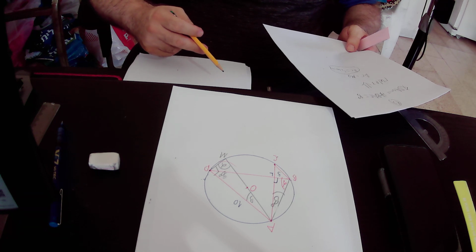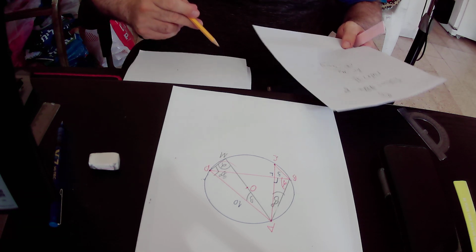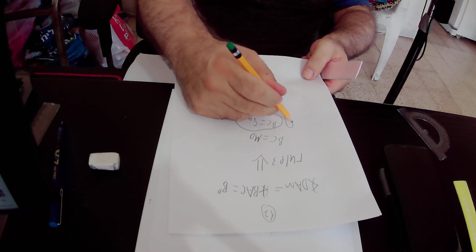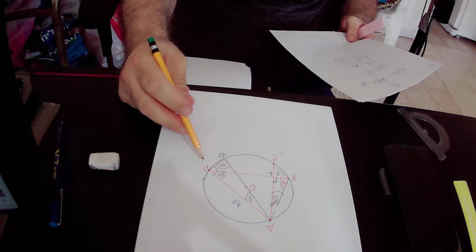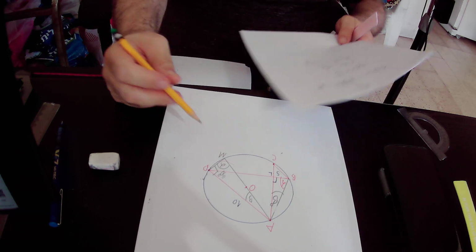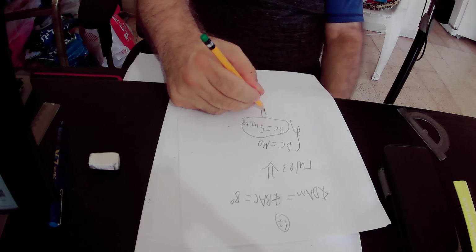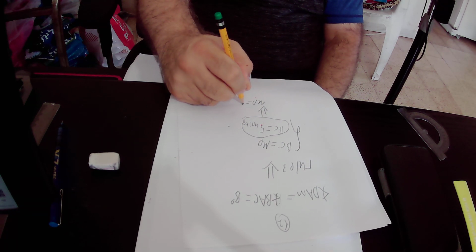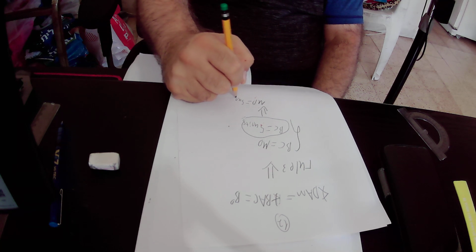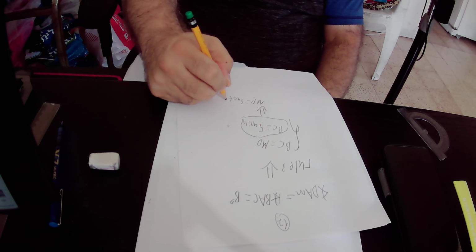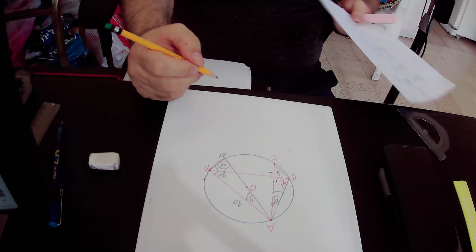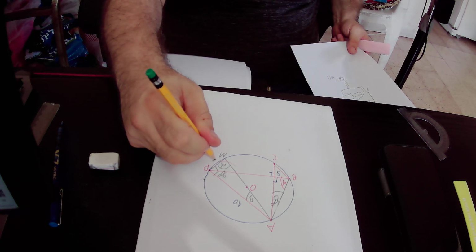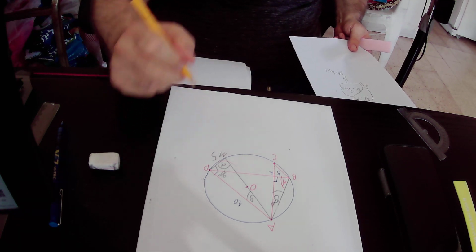So we can deduce from it that MD also equals 5 units. Okay, MD equals 5 units.